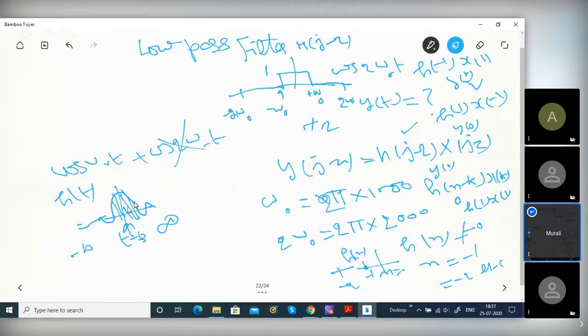So it is not realizable, right? Is it clear? I proved it. Now, if h of minus 1 is not 0, then y of 0 will depend on x of 1, which is not possible practically, right? All physically realizable practical systems are causal. So this is non-causal.